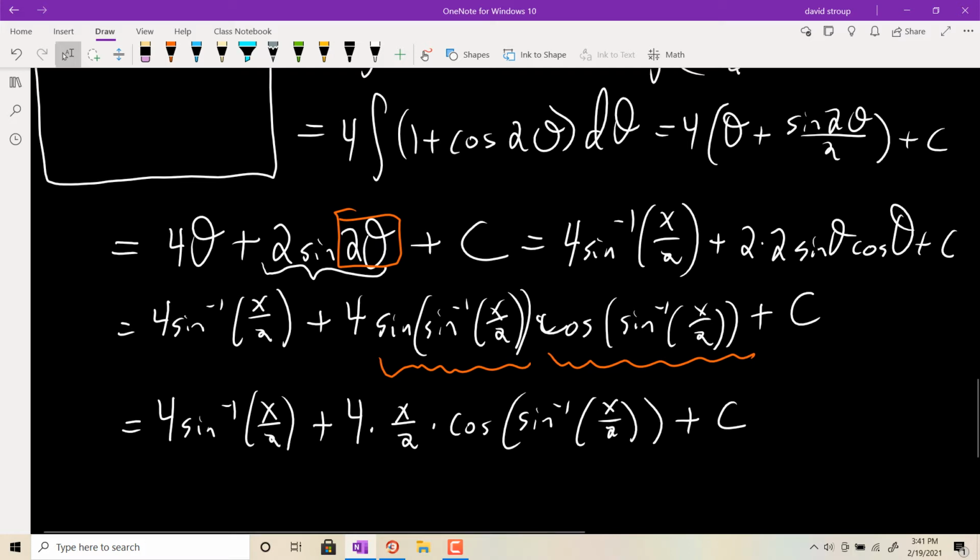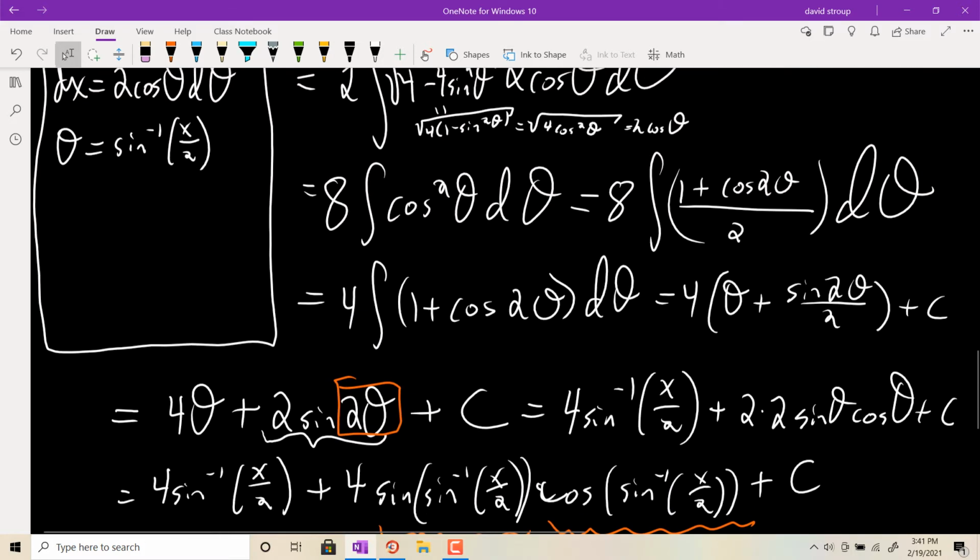Okay, so how do I do that? And that's where I left that little region in my chart over here. We're going to use a right triangle. So here's my angle theta. It's a right triangle. The input of sine inverse then is, this is where your basic identity starts paying off, opposite over hypotenuse, right?